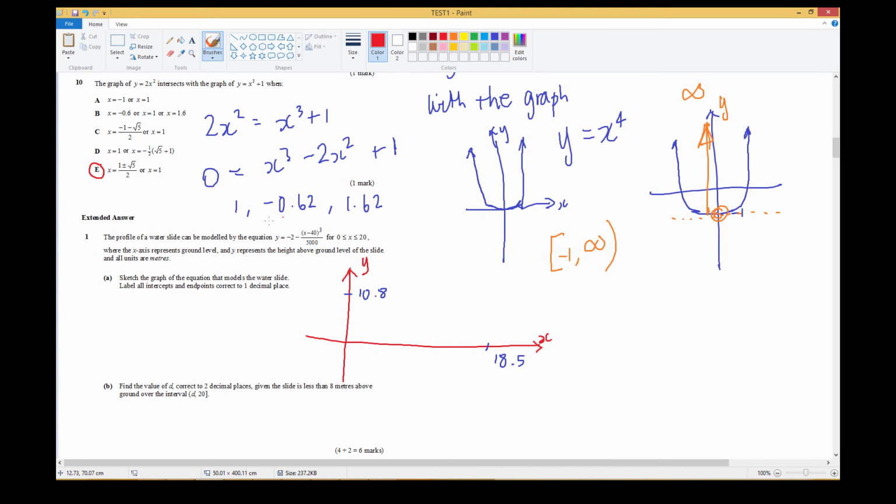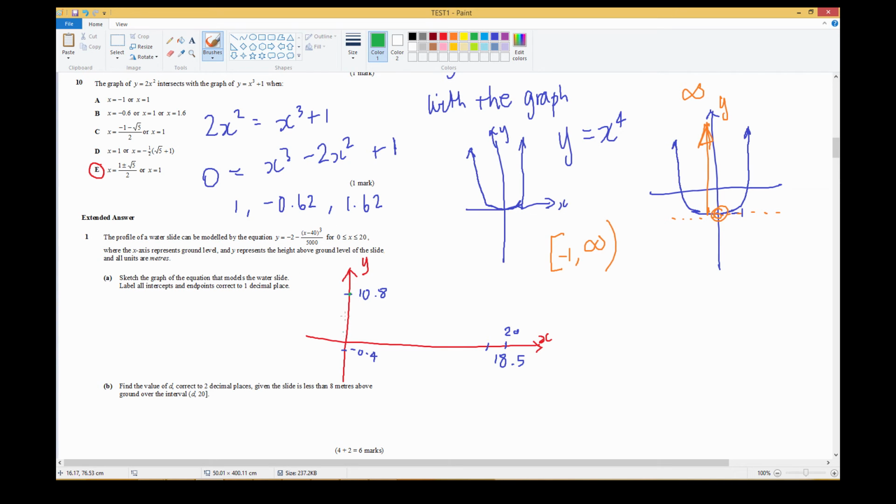So at x equals 20 here, the graph will go down to negative 0.4. Right, so I'll draw my graph in.